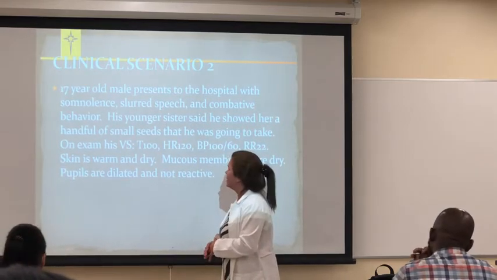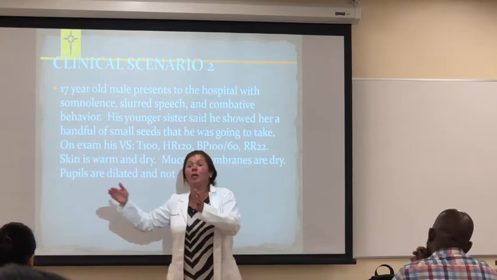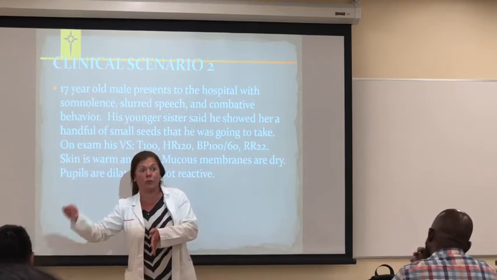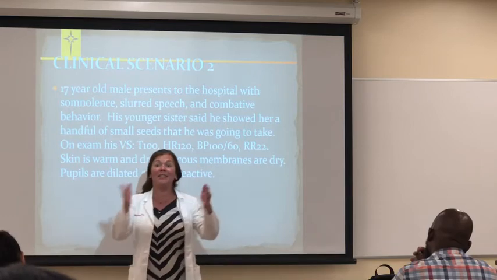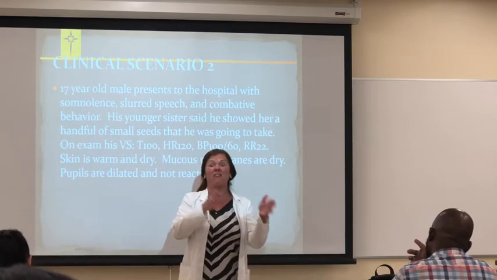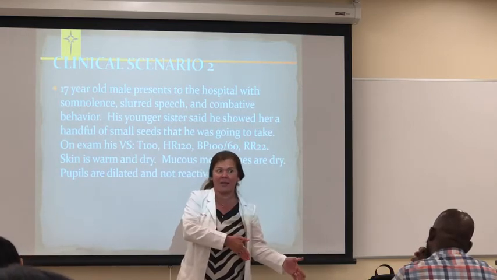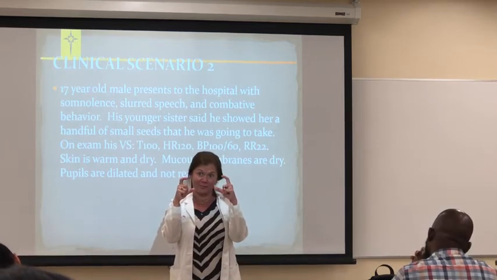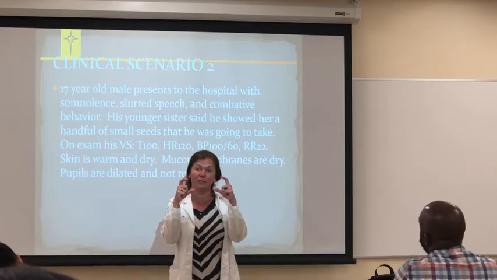So let's analyze. Again, could it be a cholinergic agonist, where everything's slow and wet and constricted? No. Could it be anticholinergic, where everything's fast and dry? Yes. Now let's continue.